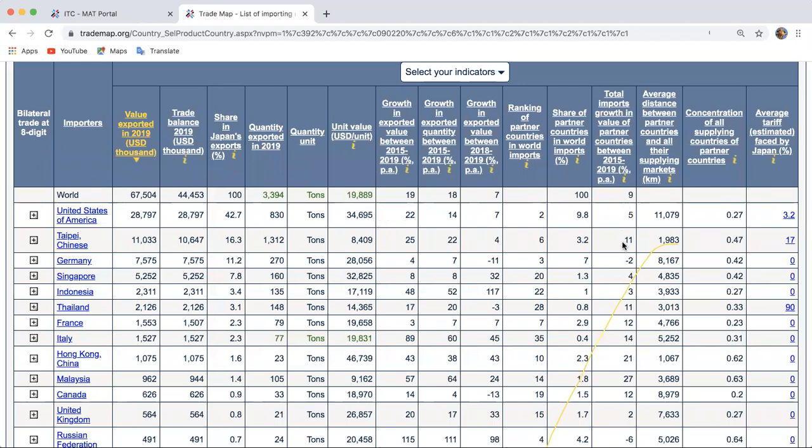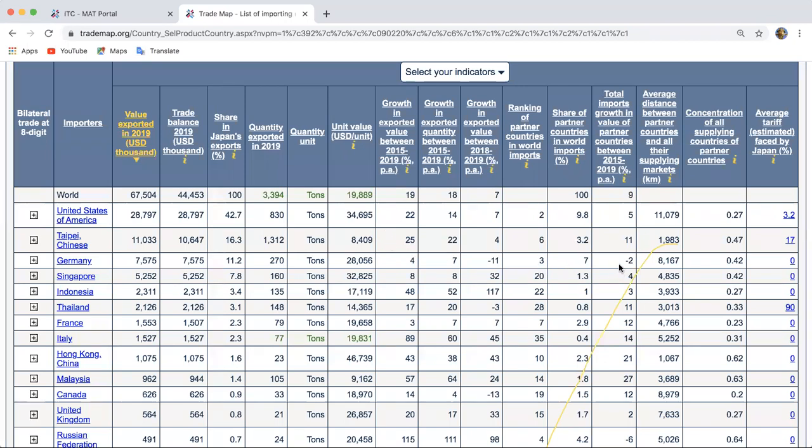For example, here, Germany, we were saying it was maybe not the most interesting market at this point, but its imports are growing. Sorry, Germany was not the biggest exporter of green tea. But here we see that Germany is not growing its imports from Japan as fast as Japan's overall exports are doing.